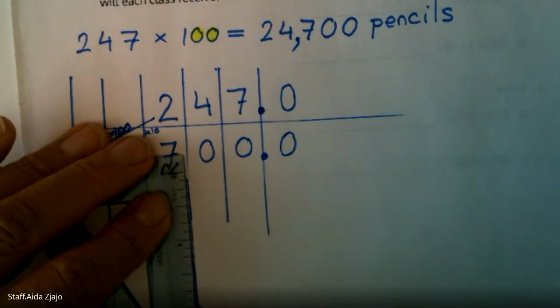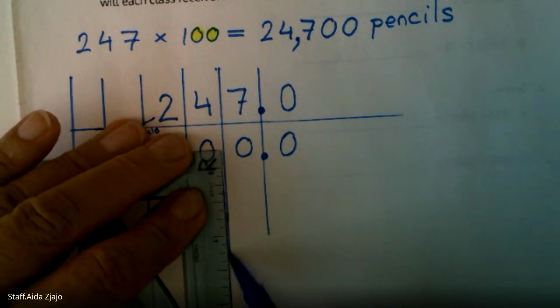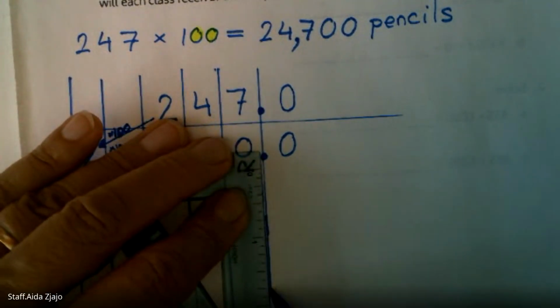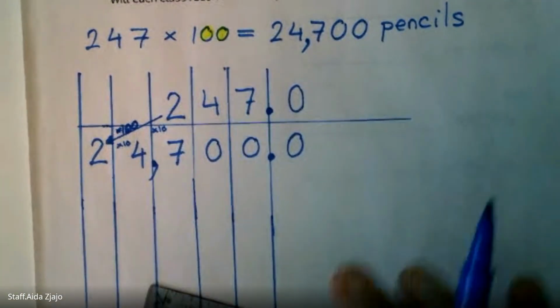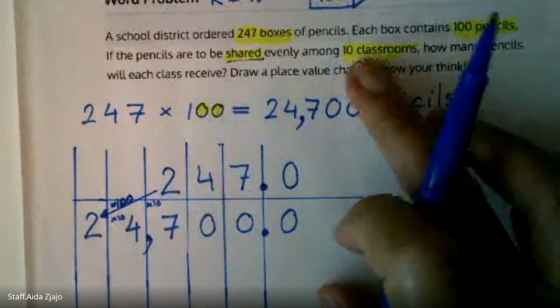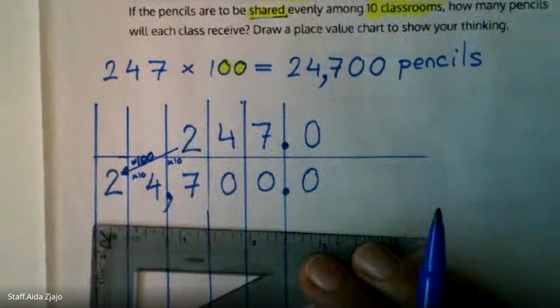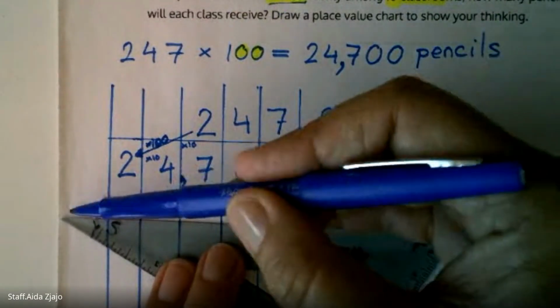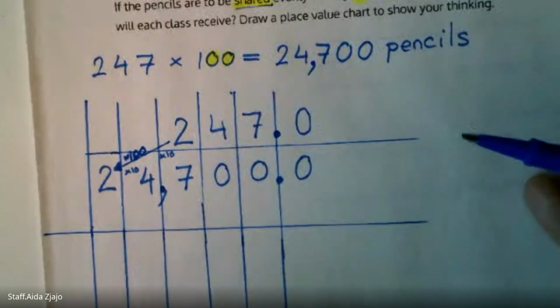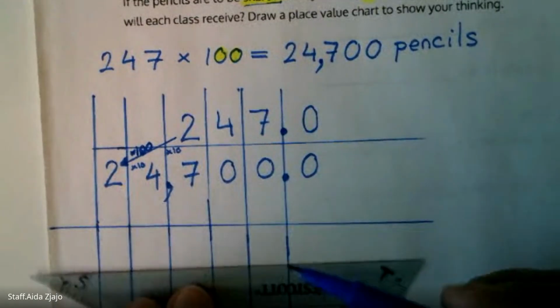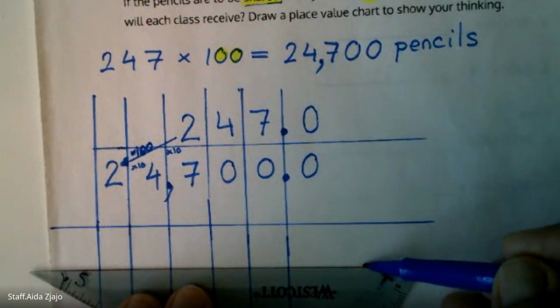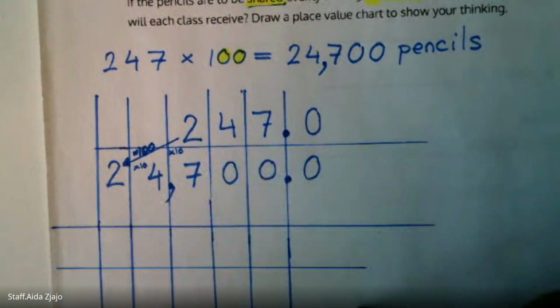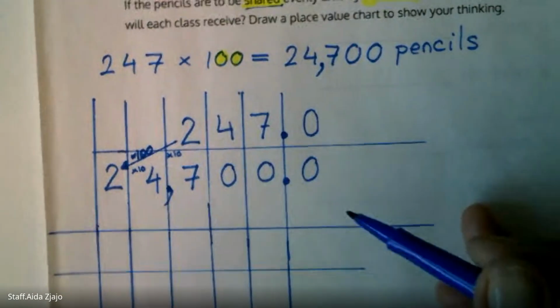This number is going to be 10 times smaller because it's going to be divided by 10. So I'm going to draw the line there, and then write again the same number and create my table.